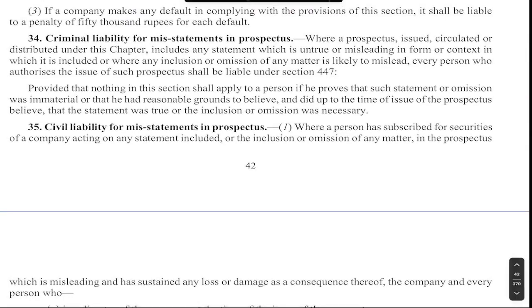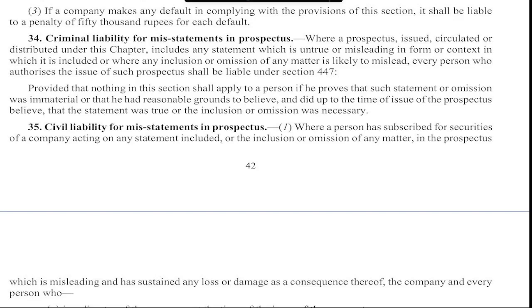Everyone concentrate, see the screen. Where a prospectus issued, circulated or distributed under this chapter includes any statement which is untrue or misleading in the form or context in which it is included, or where any inclusion or omission of any matter is likely to mislead, every person who authorizes the prospectus shall be liable under section 447.